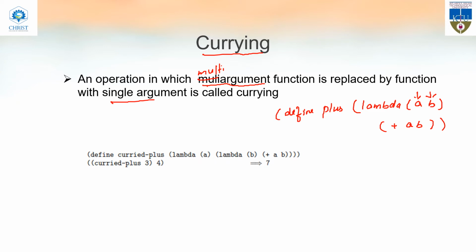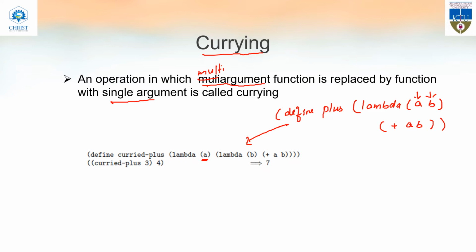Okay, but in currying, what we will be doing is replacing this multi-argument function with a single argument function. The single argument version is given here. So here what you do is define curry. First I will be giving a function, that is lambda a, defining a function with a single argument.